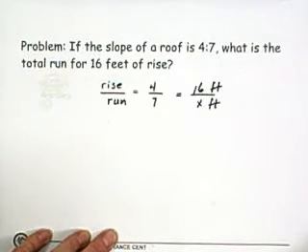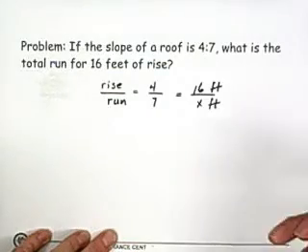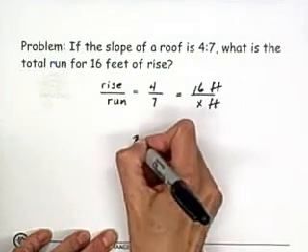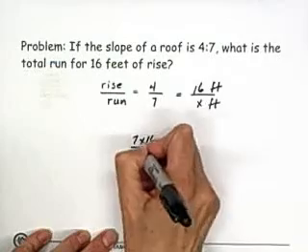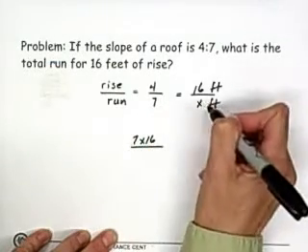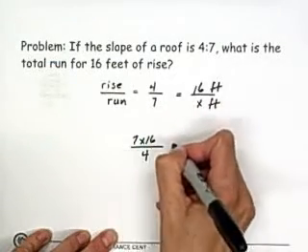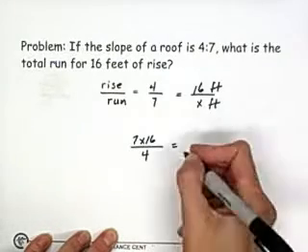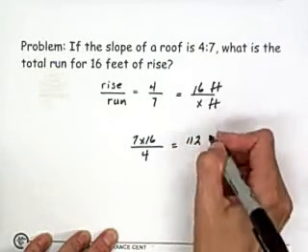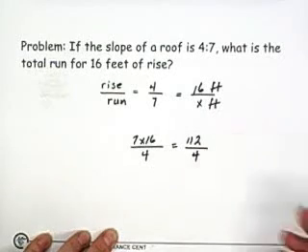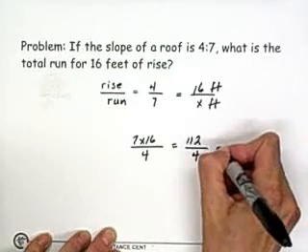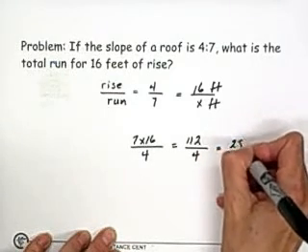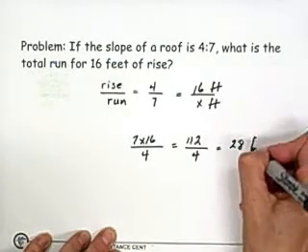Now remember, the way to solve a proportion is to cross multiply. 7 times 16 and divide by the number that's across from the unknown. 7 times 16 equals 112, divided by 4 equals 28. And the unit we are using is feet.